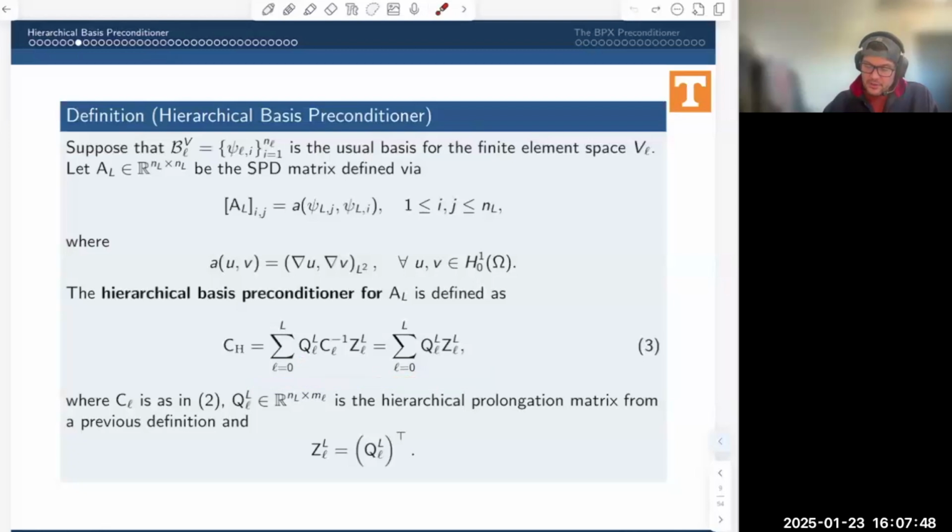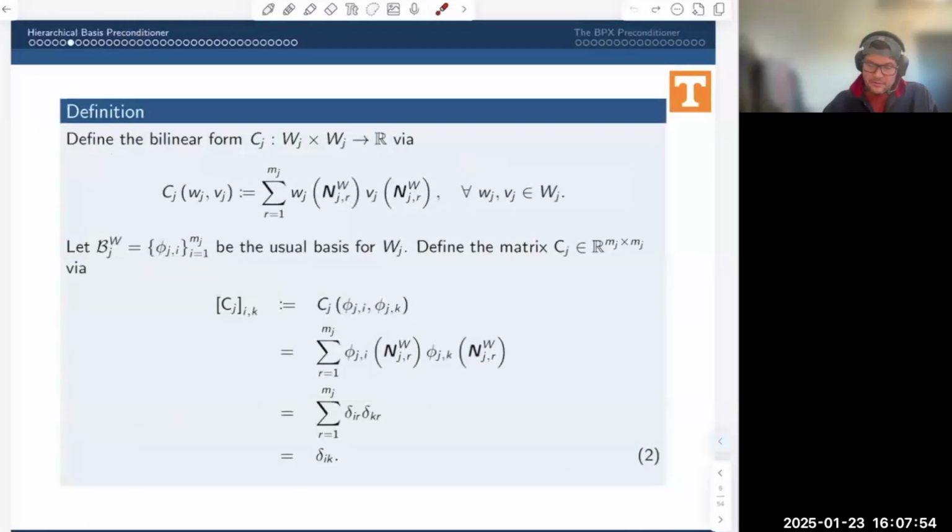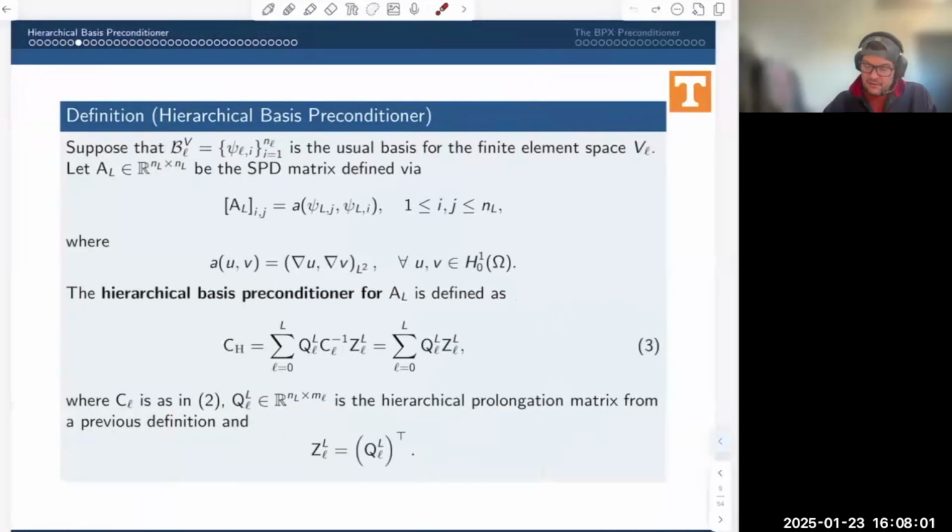Last time we introduced this C matrix, C_L, and we argued that that matrix defined through this bilinear form is just going to be the identity at each level, L or J, whatever you want to call it, just the identity. So whenever we take the inverse of that thing, it collapses. And so our hierarchical basis preconditioner is just this object here.